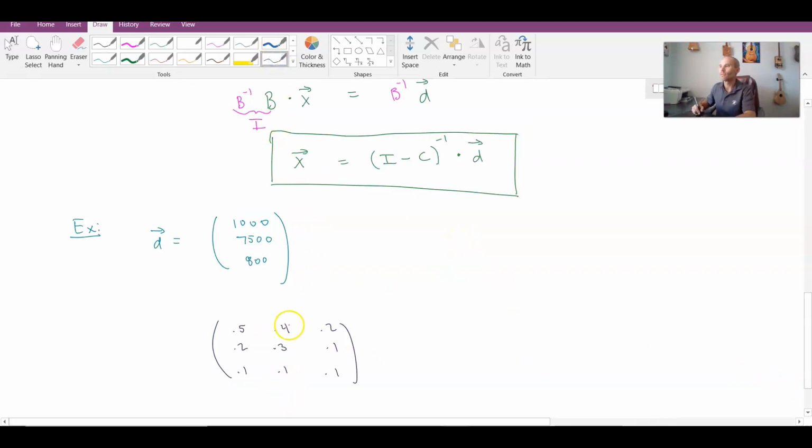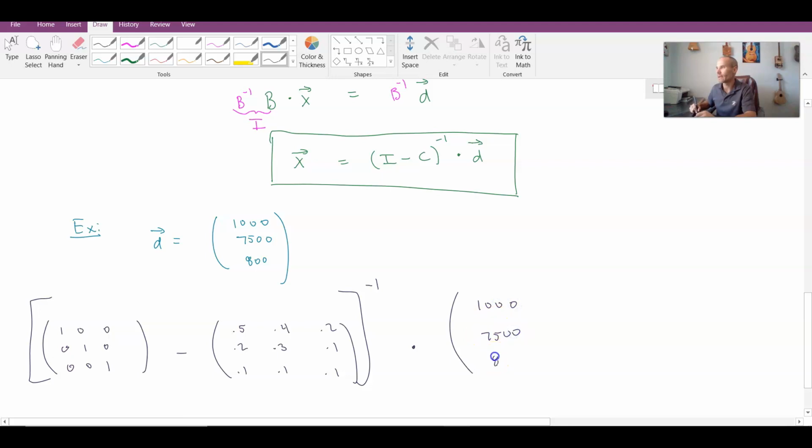So here's the consumption matrix, and we are trying to solve for X. Right now we know that X is equal to the difference between I and C, inverse. So the first thing we'd want to do is form our I minus C, and we want the inverse of that multiplied by D, which is the 1,000, 7,500, and 800 vector.